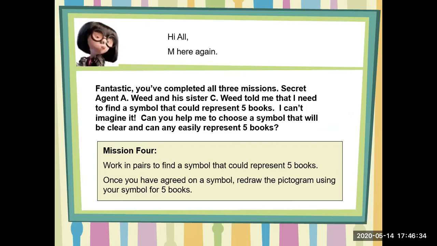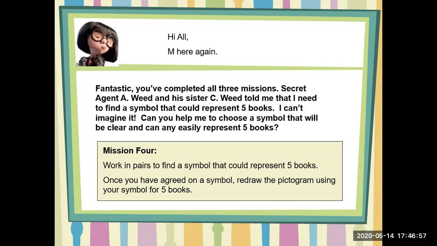Hi all, I'm here again. Fantastic. You have completed all 3 missions. Secret Agent A-Weed and his sister Seaweed told me that I need to find a symbol that could represent 5 books. I can't imagine it.